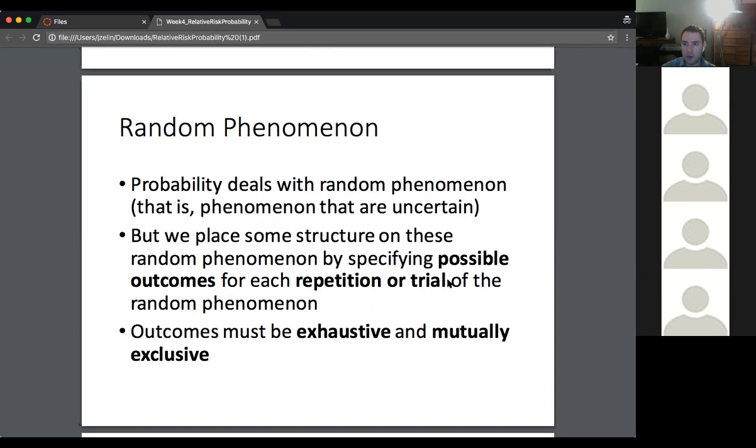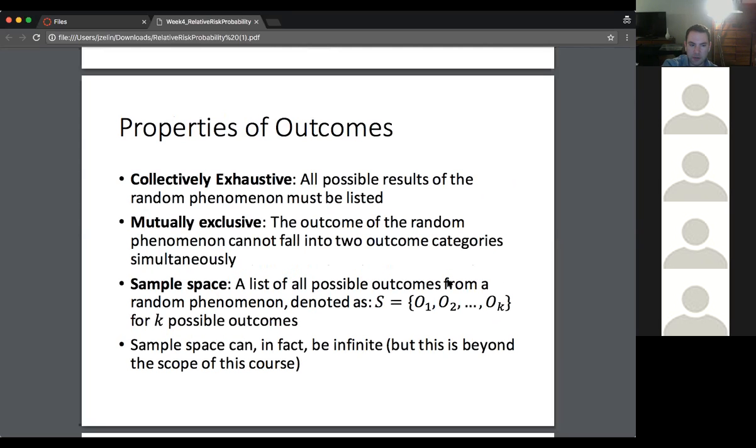It can't land on both heads and tails at the same time. That would violate the principle of mutual exclusivity. And those are exhaustive events because we only have two outcomes. It could only be heads or it could be tails. It can't be something else that we have not accounted for. That's the definition of exhaustive.